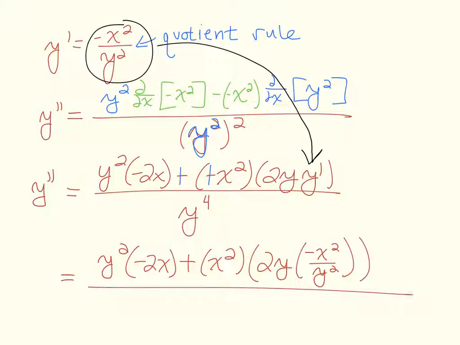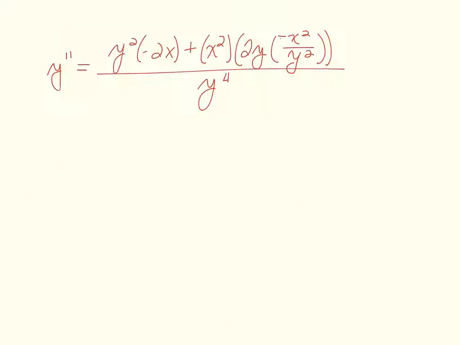All of that over y to the fourth. At this point, we need to simplify the second derivative. And to do that, really what that means is we need to get rid of this fraction. We can't have a fraction within a fraction.